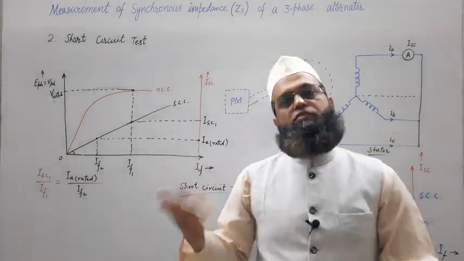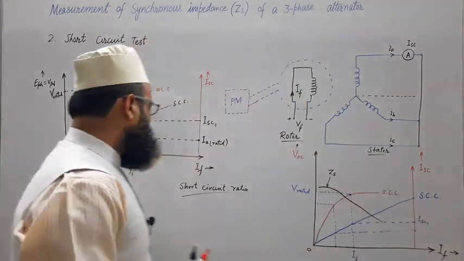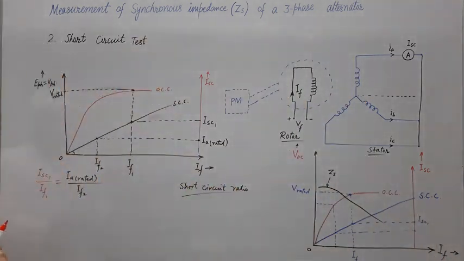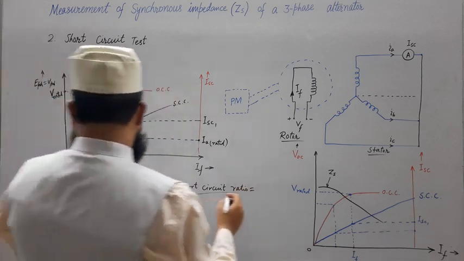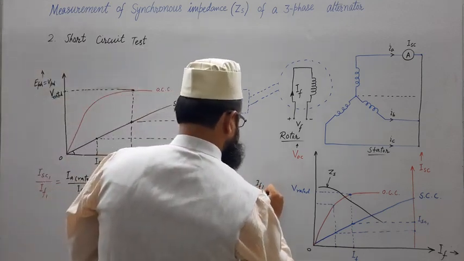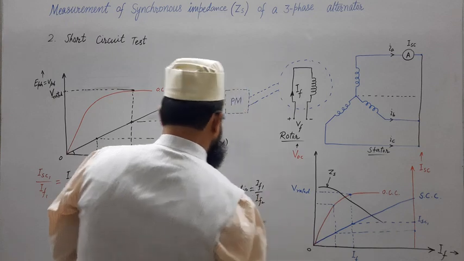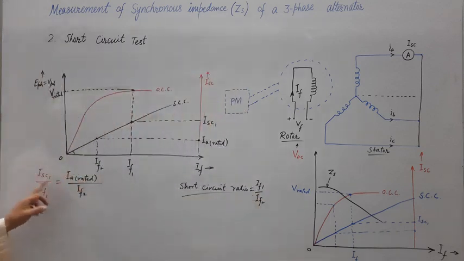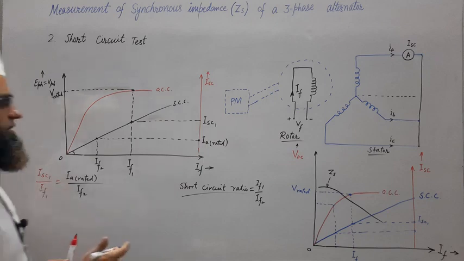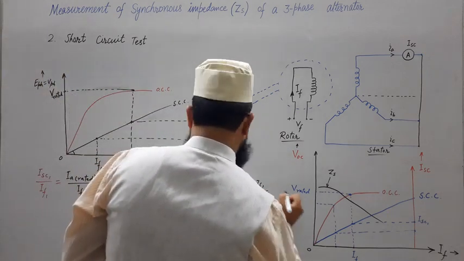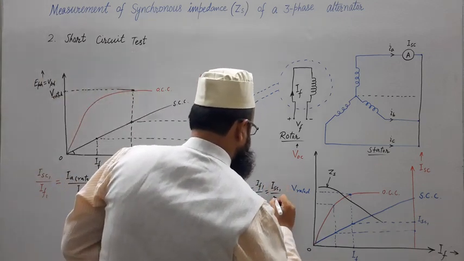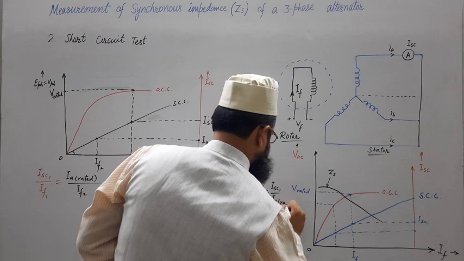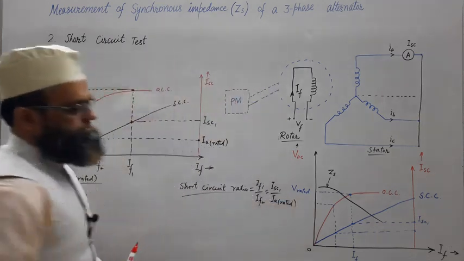That's it. So in a problem, if short circuit ratio has been asked, you will easily get IF1 upon IF2. If you want to write short circuit ratio, you will write IF1 upon IF2, and this will be nothing but ISC1 upon IA rated.